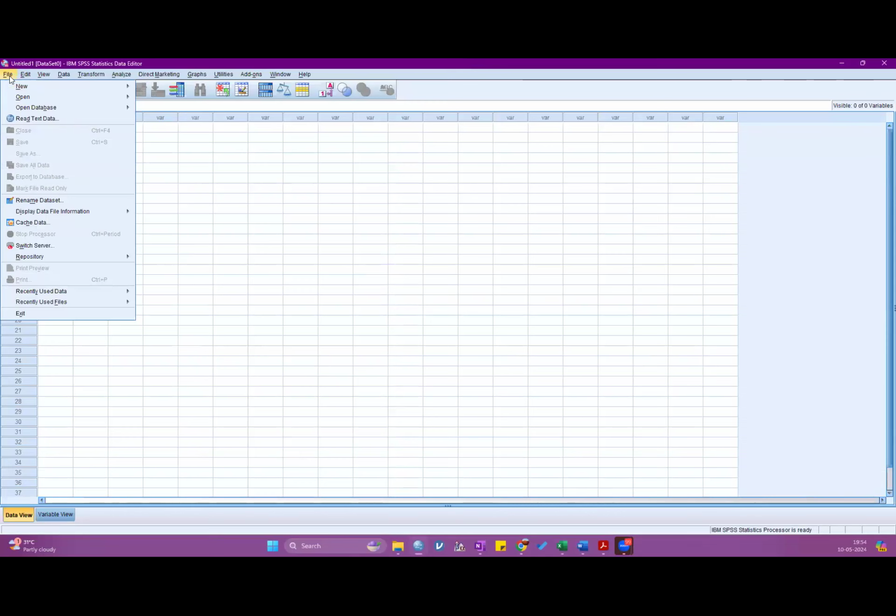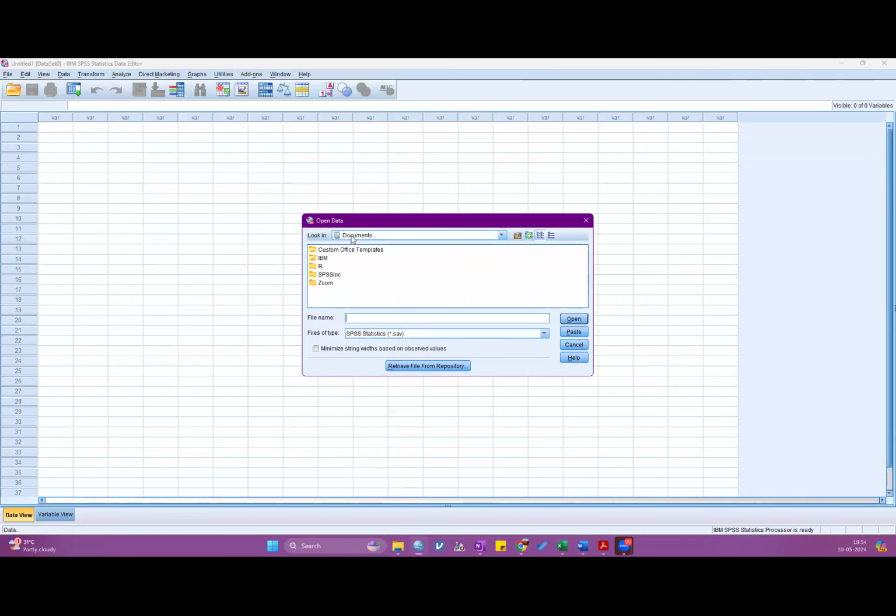Now click on file, click on open, click on data. Now select the folder or file where your data is located. Mine is on desktop, in statistics class, SPSS class. Now nothing is coming up. Why? Because I need to change the file type to Excel.